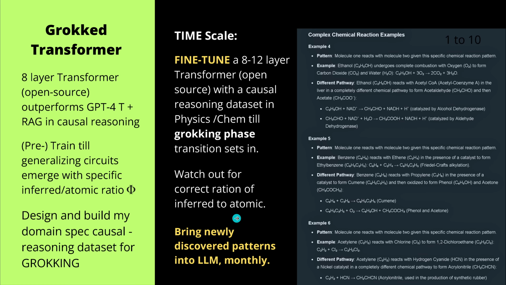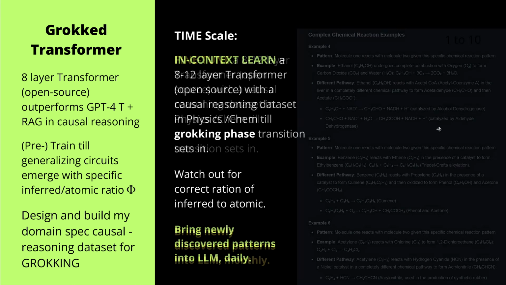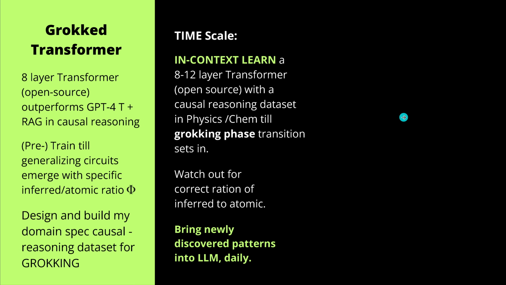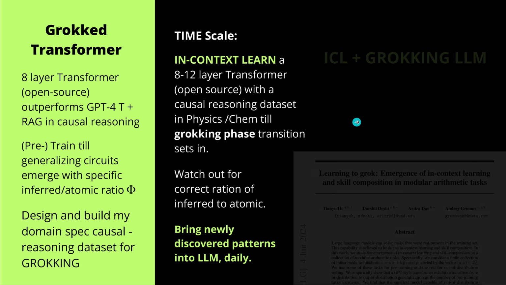And you bring in newly discovered patterns into your LLM that were, I don't know, published in the last month in the research database. And then, if you have very specific in-context learning, you also do this because you already have the grokking phase in your LLM.